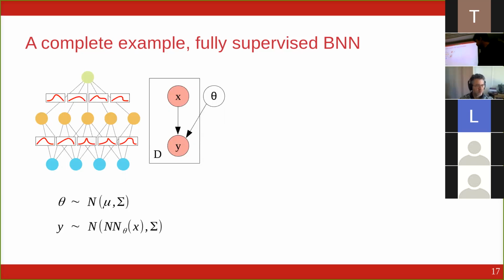And then you just assume that the network is able to approximate the outputs up to a certain standard deviation, and you do just a normal, setting the mean using the output of the neural network.